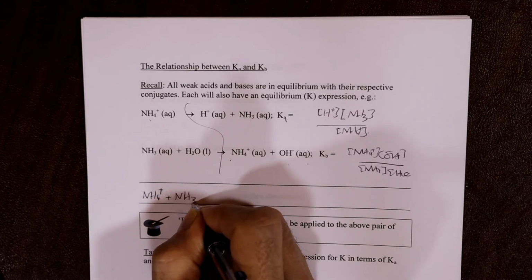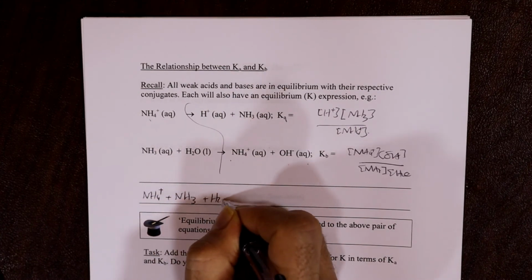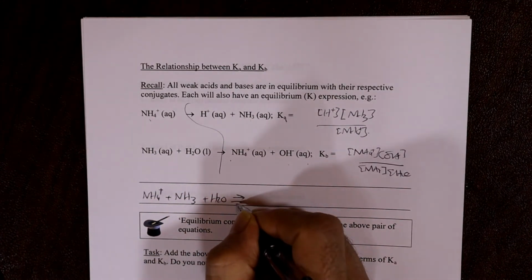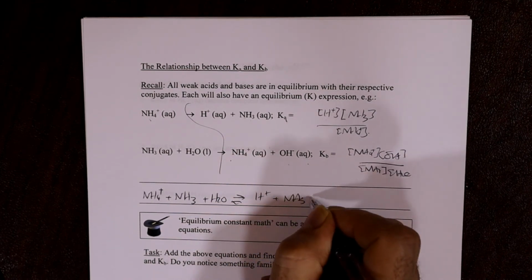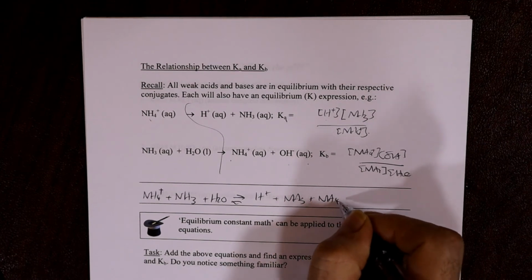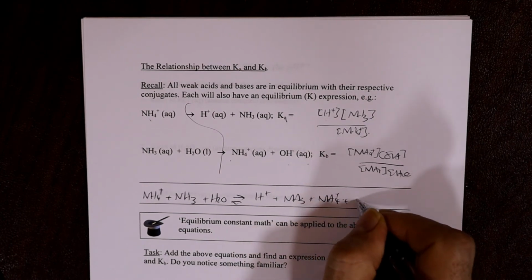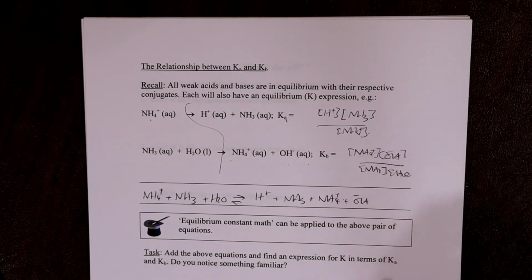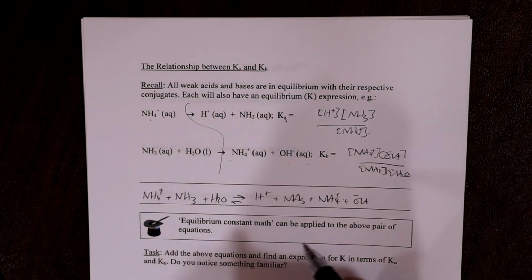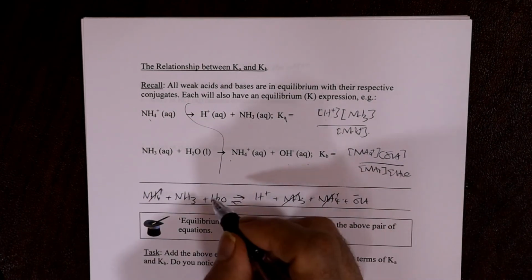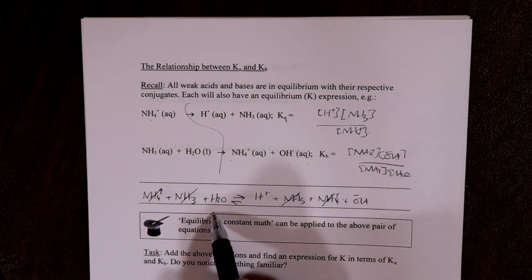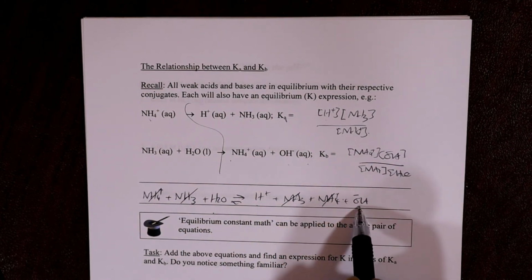For speed, I won't write the state symbols, but you can do that. All right. What cancels? Well, NH4 plus, NH3, H2O, and H plus, OH minus.